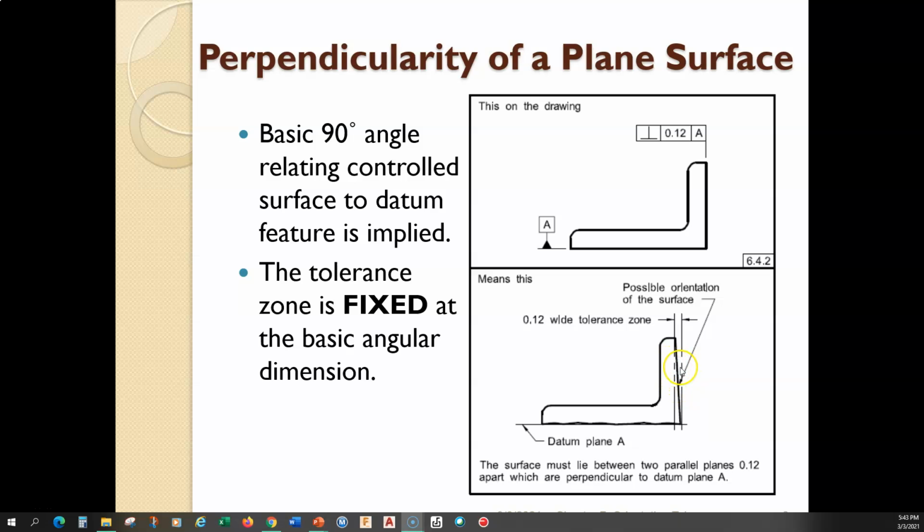Again, the tolerance zone is allowed to float within the size or location dimensions of the surface that we're trying to control. The tolerance zone, however, is fixed at 0.12 millimeters wide. And as long as the surface lies within that, then it's a good surface. So that right there is a good surface.